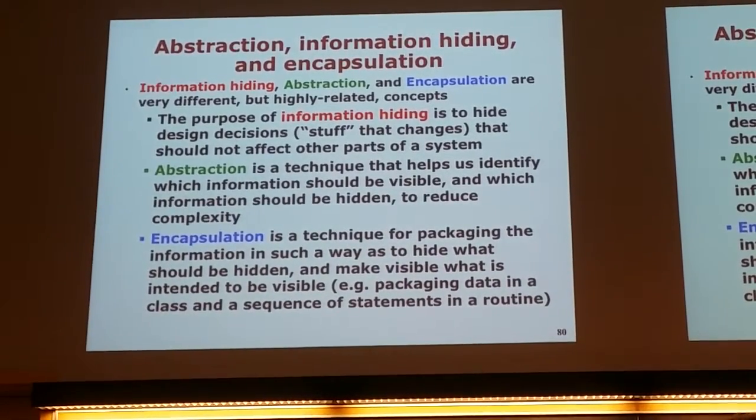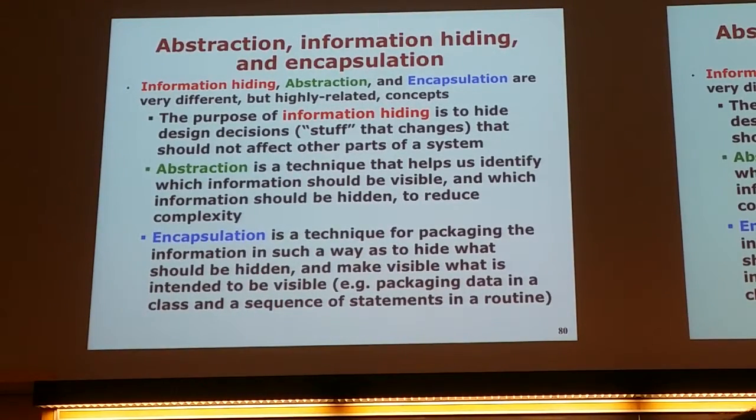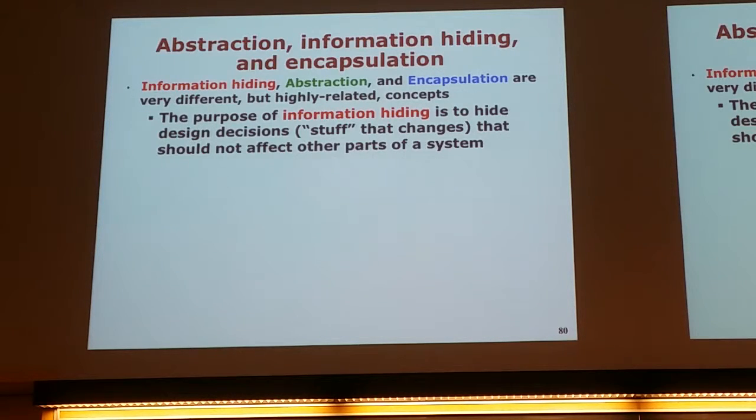Encapsulation is how we hide those details programmatically in the programming languages you use. Abstraction is similar to information hiding, but it's a process to decide that I want to make this particular feature available in my class, and I want to make that particular feature hidden, and in some cases, maybe there's some feature I don't want to implement.